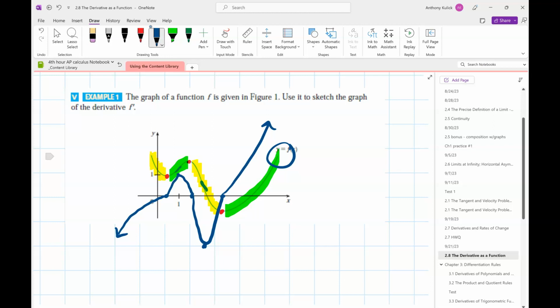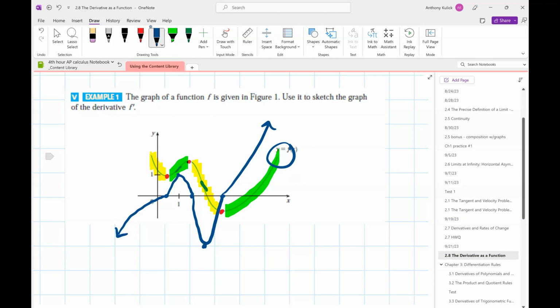So the slope of each x value for f of x is just the y value for the derivative? Yeah, the slope of the tangent line at any value x equals a for f of x is going to be f prime of a, the y coordinate for the derivative.